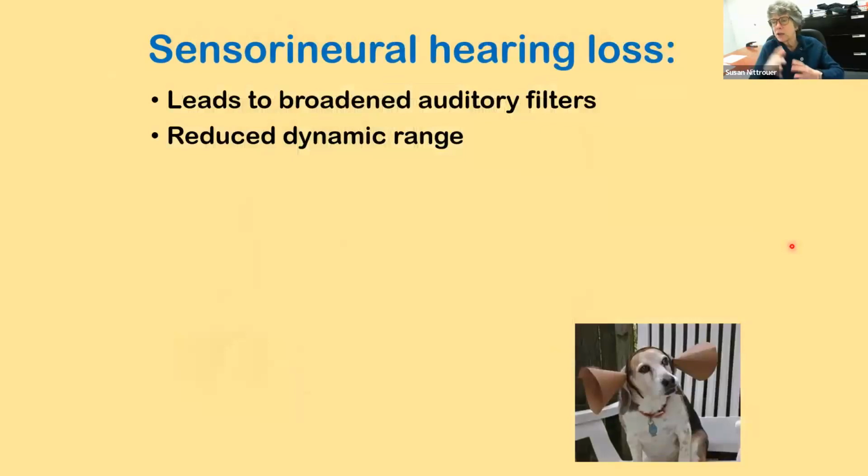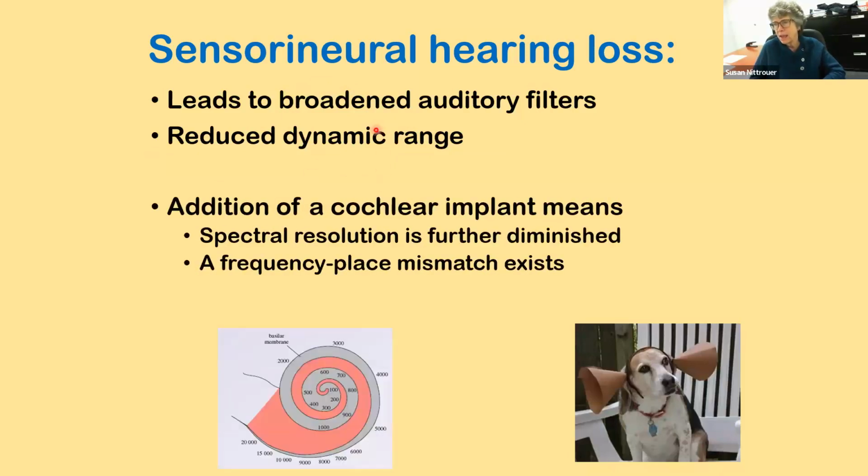So now if a child gets a cochlear implant, they have the problems associated with sensory neural hearing loss that we've already discussed, but you add the implant and it means that spectral resolution is further diminished. And one thing that the simulation does not replicate is the frequency to place mismatch.